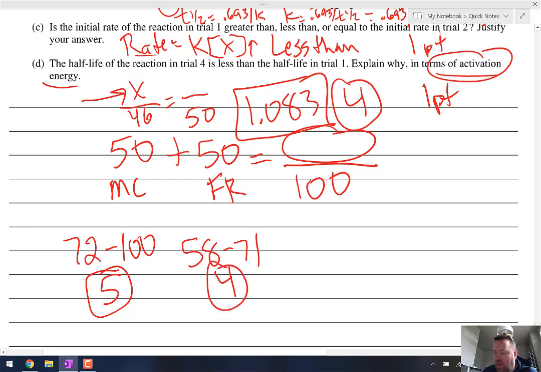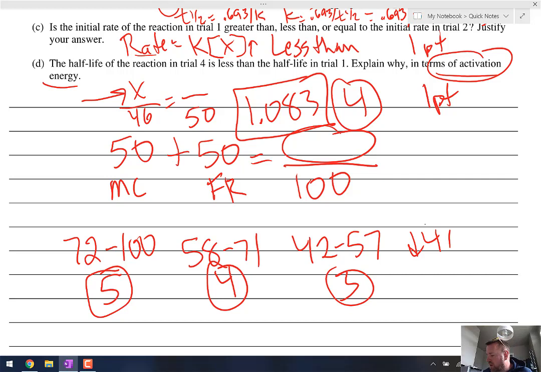And then the 3 went all the way down to 42. So 42 to 57 was a 3. And if you got less than 42, does it matter if it's a 2 or a 1? Not really. I didn't write it down, but I would imagine that the 2 probably went from 28 to 41, somewhere around there.